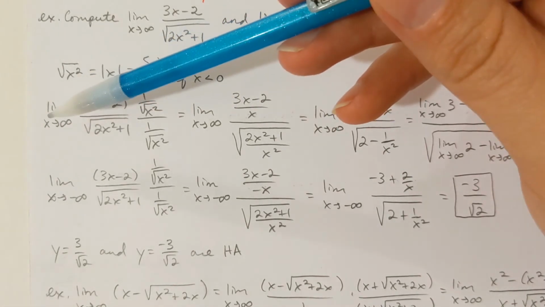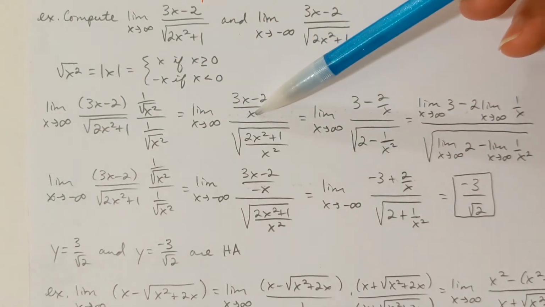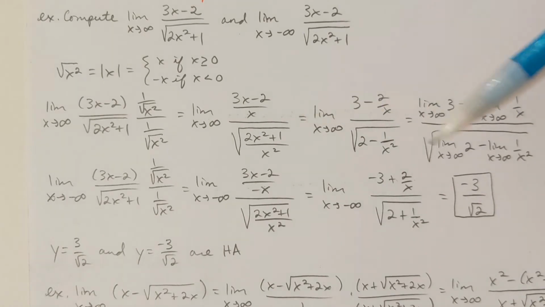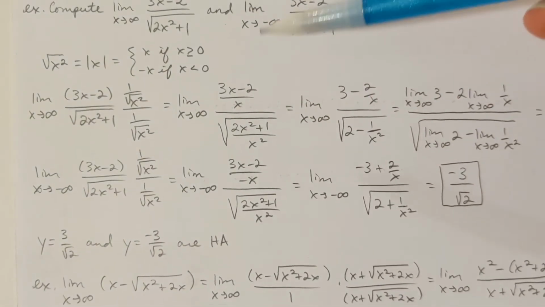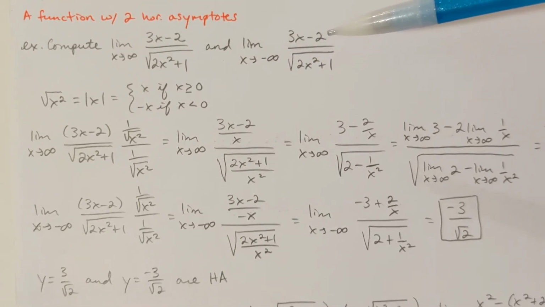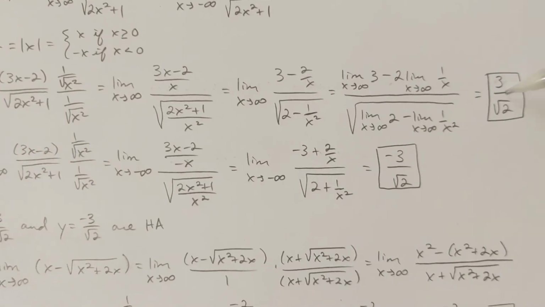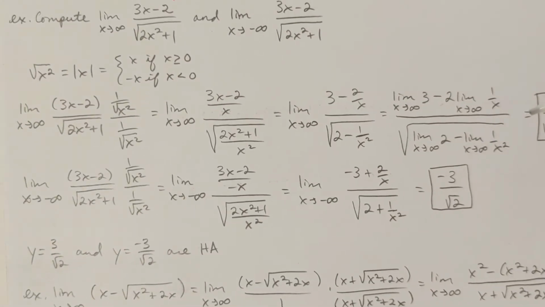And it matters if you're approaching infinity or negative infinity, because it matters if we are using x or negative x here in that first step. Now, this is a function that would have 2 horizontal asymptotes because of these 2 different numbers that came out with these 2 limits at infinity.